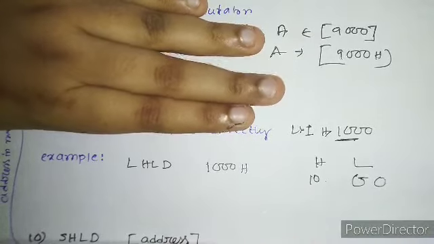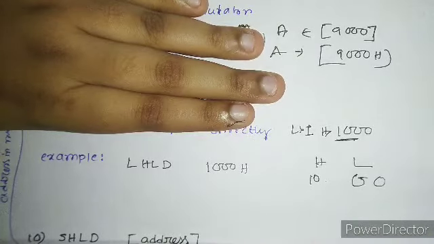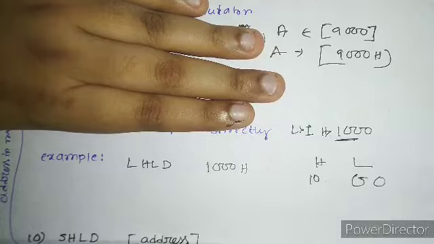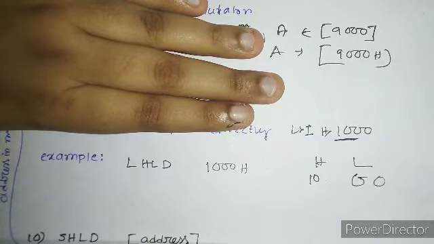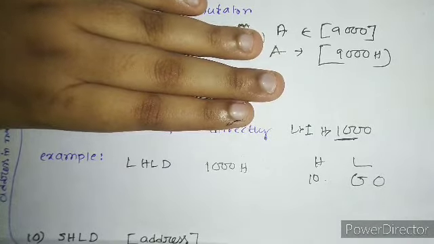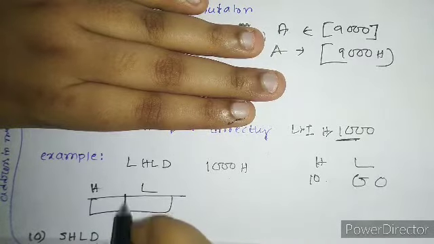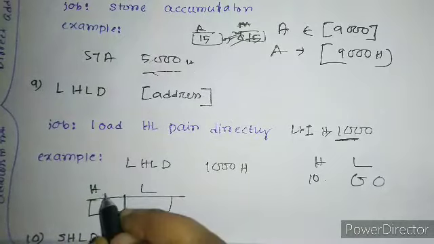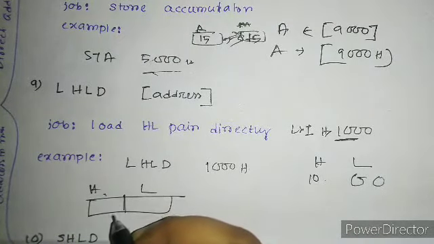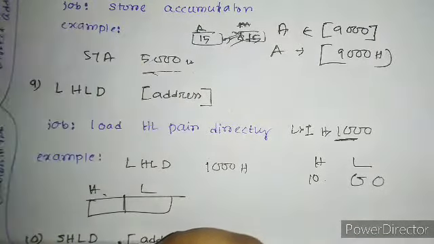What LHLD does is similar to LDA, but the case is a little bit different. HL can store 16-bit data, 8 bits here and 8 bits here. Then what is this 1000 doing here?